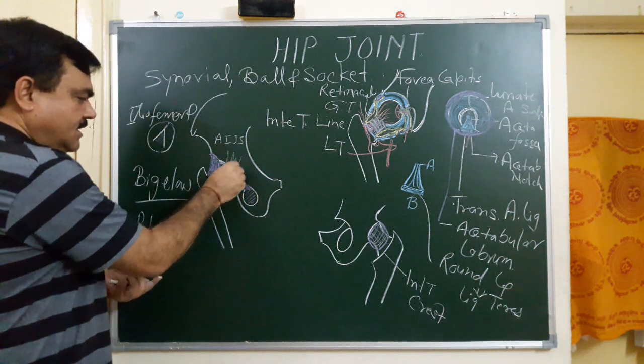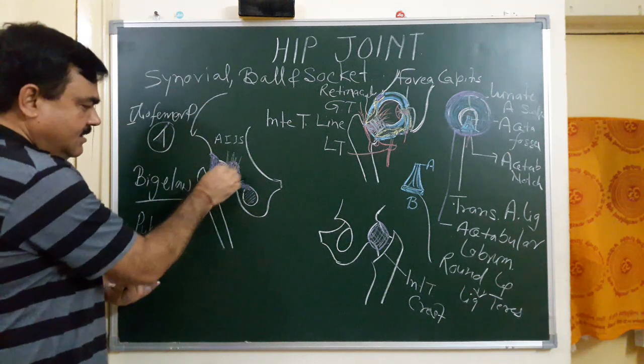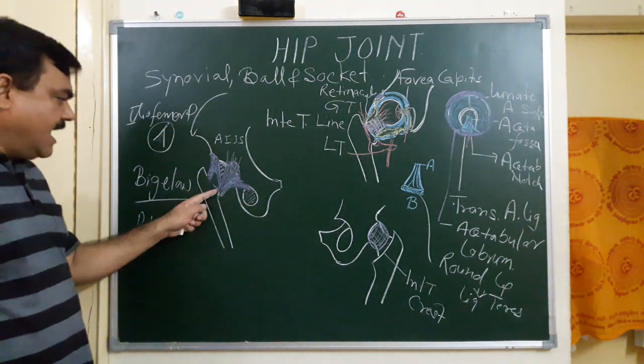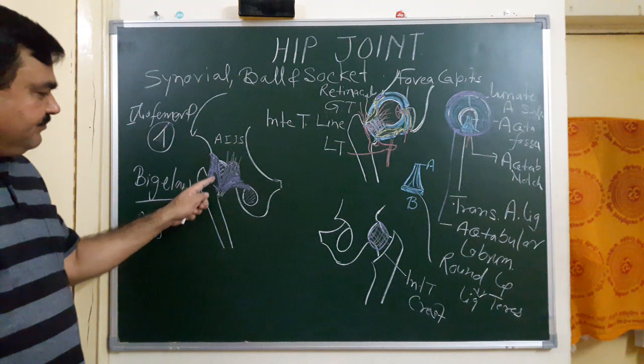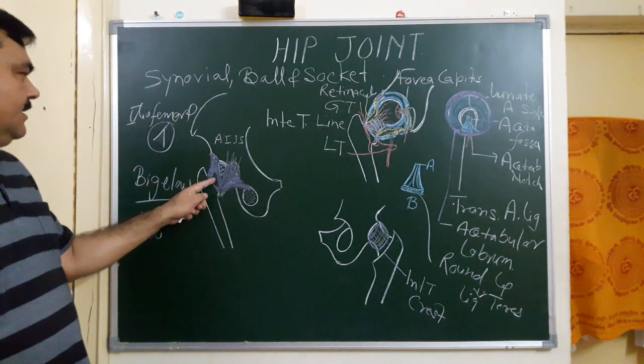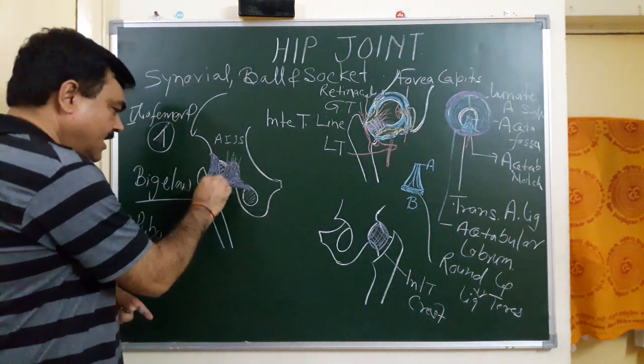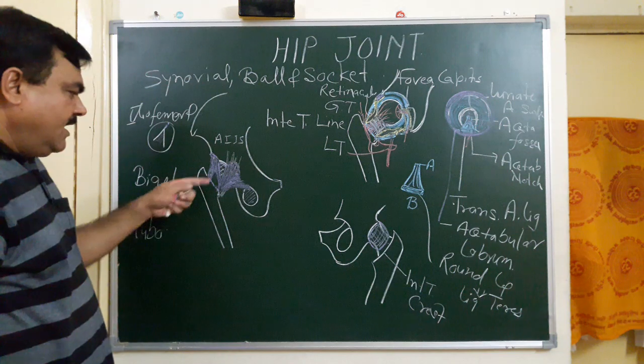So this is the pubofemoral ligament, and laterally it is attached to the lower band of the ligament of Bigelow, and with this it is attached to the intertrochanteric line.